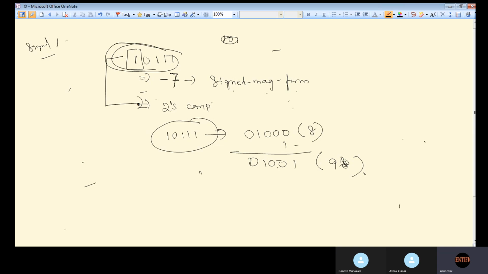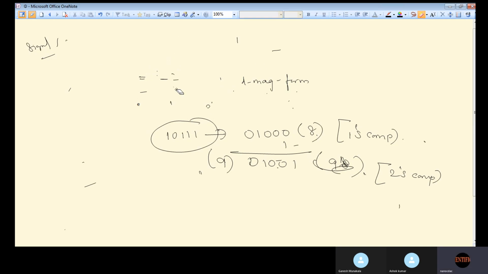The decimal equivalent is 8 when you represent in ones complement form. In two's complement form, it is representing the integer 9. So it represents integer 8 in ones complement, integer 9 in two's complement, and -7 in signed magnitude form. I hope you got it.